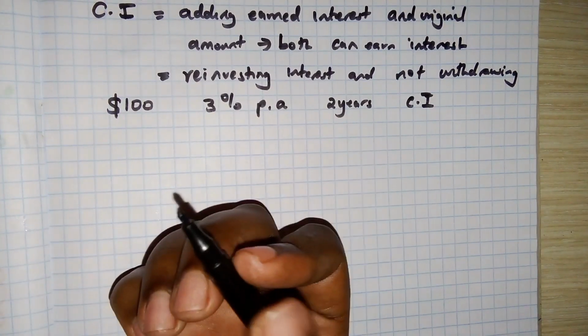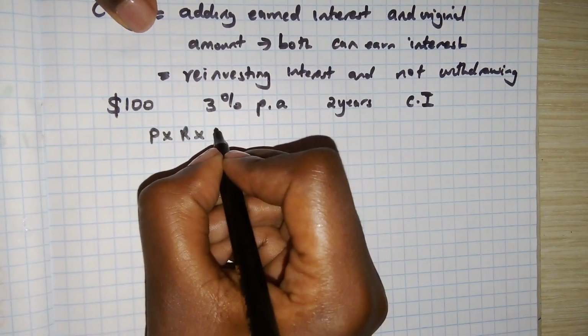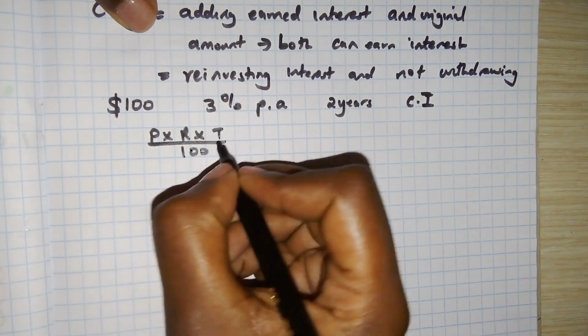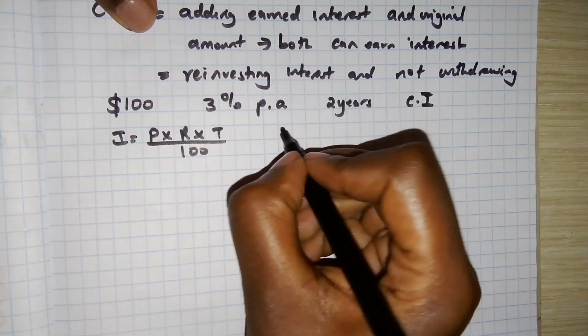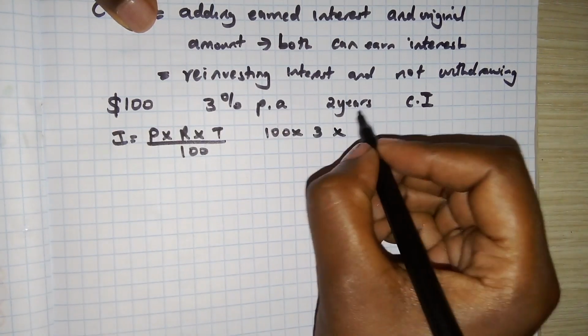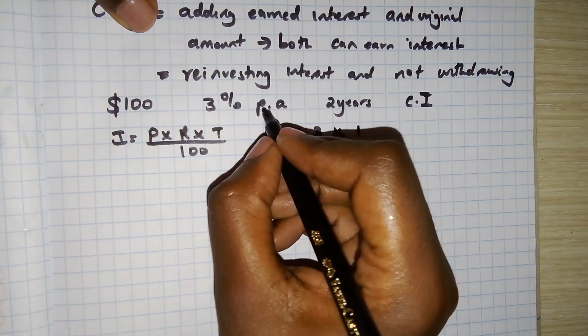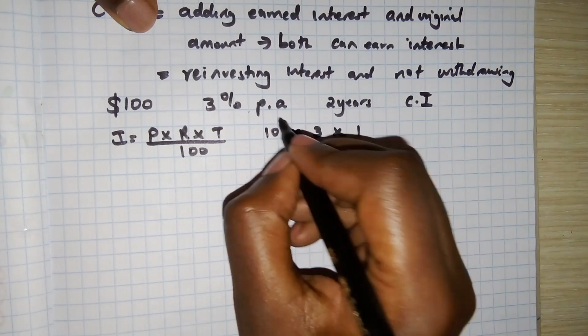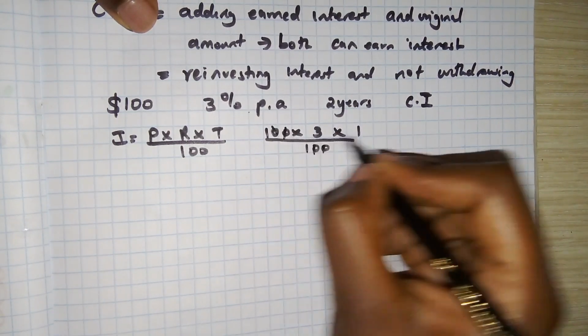But we have a formula. So we do the principal times the rate times the time divided by 100 to find the interest for the first year. So the principal is 100 times the rate, 3, times the year. So you do it per year, so 1, because the interest per annum is per year, divided by 100.